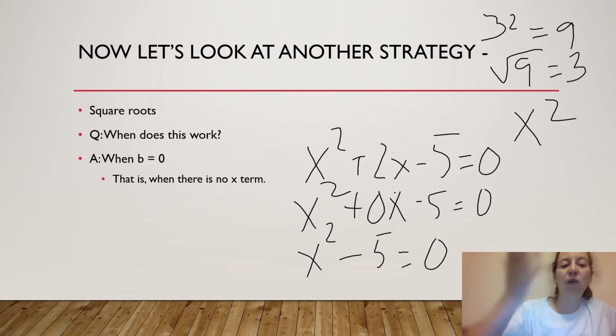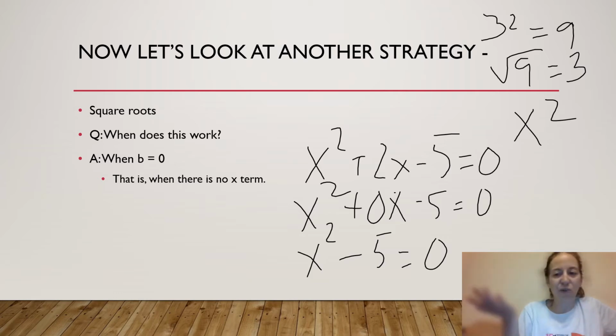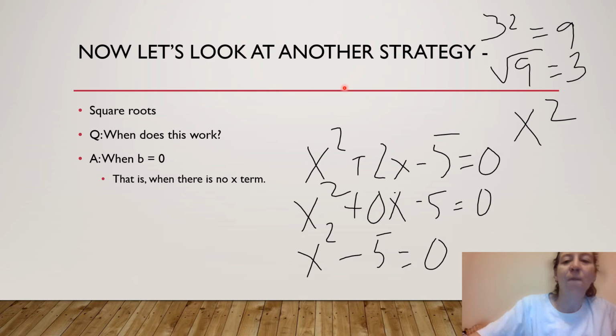Now you might think, well, how many equations do you ever see like that don't have an x term? The answer is not that many. You do see them, they do exist, which is why this is a strategy, but you don't see them a lot.